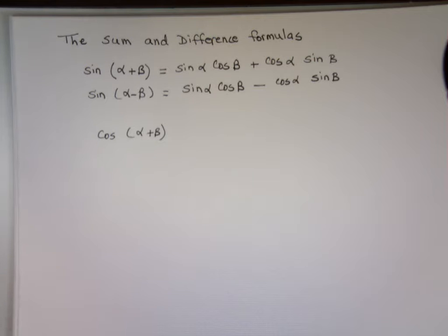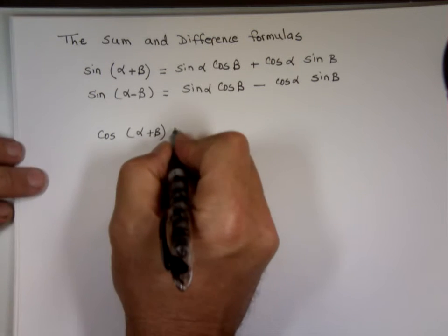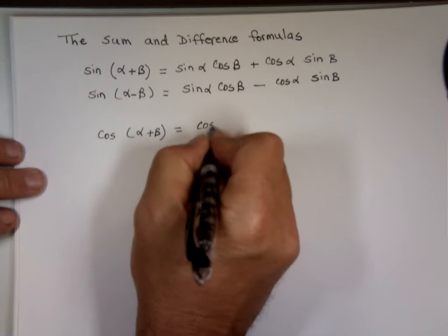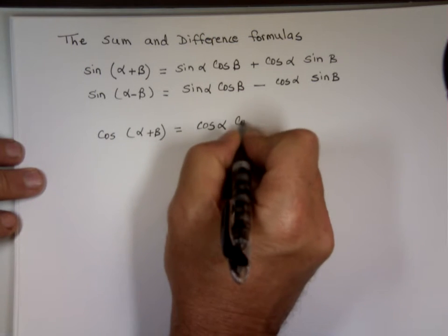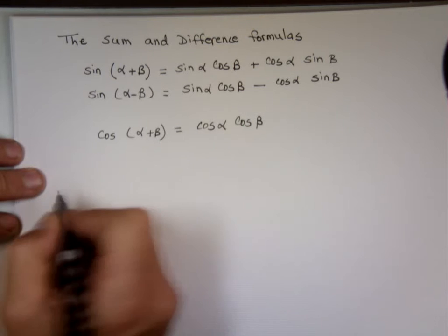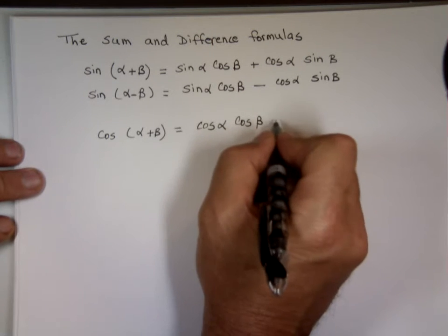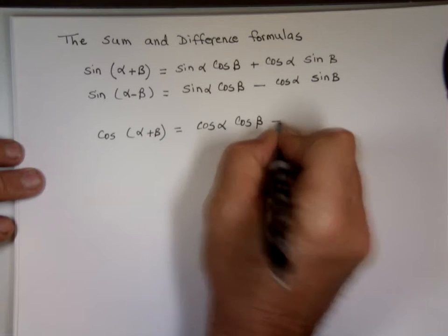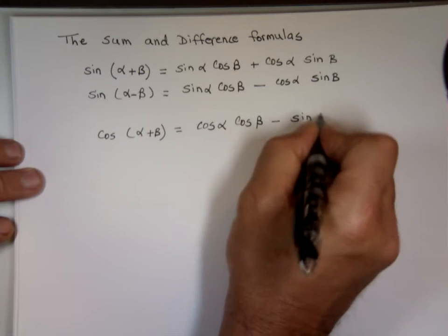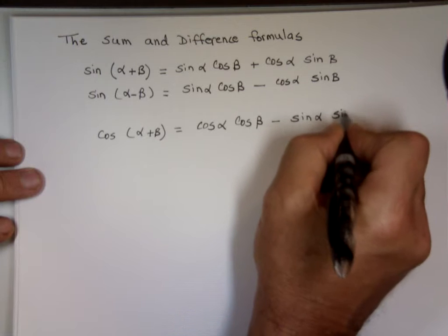Okay, cosine of alpha plus beta. That's equal to what? Cosine alpha, cosine beta, minus sine alpha, sine beta.